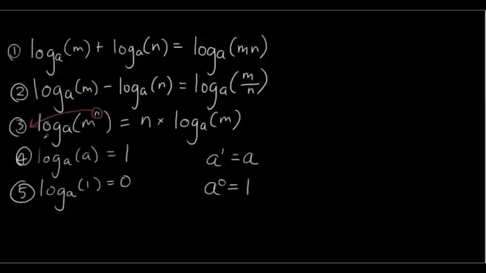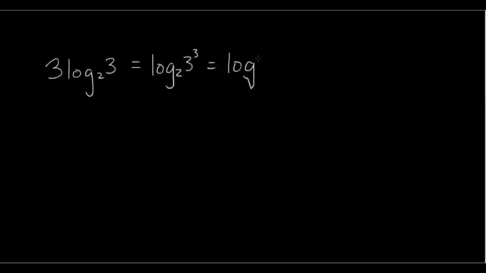So using log rule number 3, let's just do one where we solve that single one. So 3 log base 2 of 3 equals log base 2 of 3 to the power of 3, which is log base 2 of 27.